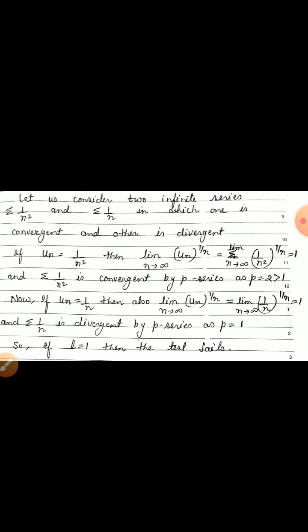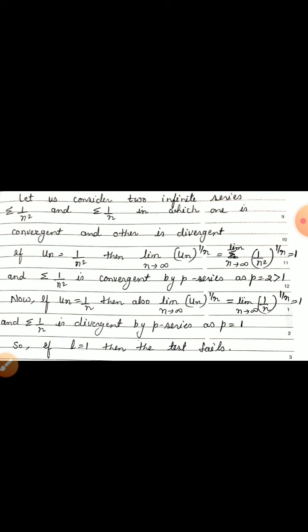If un is 1 by n square, then limit n tending to infinity un power 1 by n is equal to limit n tending to infinity (1 by n square) power 1 by n, which is equal to 1. And summation 1 by n square is a convergent series by p series, as p is equal to 2 here, which is greater than 1.